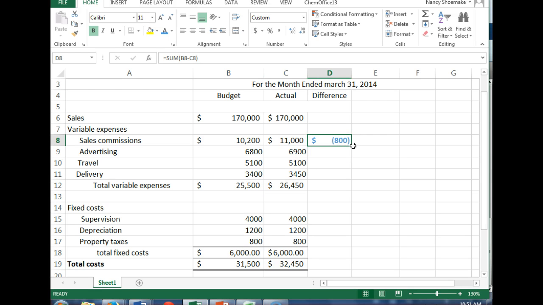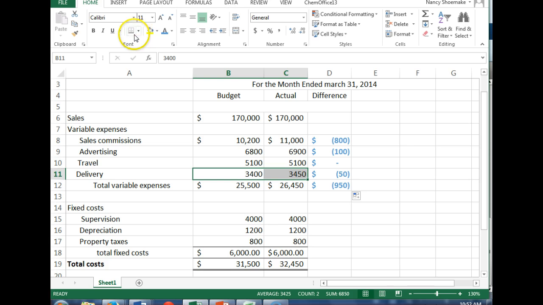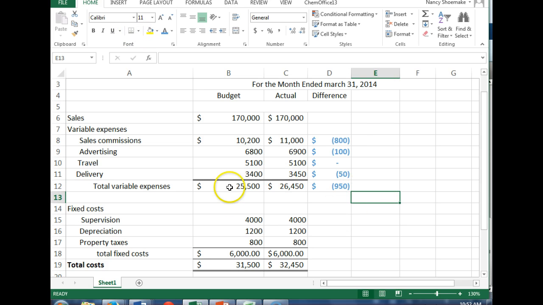So we can look at the variances here. Budget was 3,400. The actual was 3,450. So basically what happened here is we have the budget of 25,500, the actual ended up being 26,450, which came up with an unfavorable variance of 950.